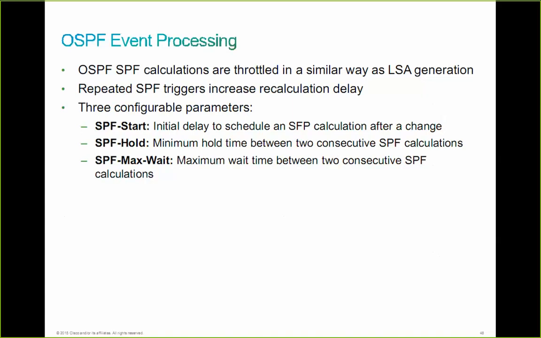All right? So if a router keeps receiving those updated LSAs, the delay that we can configure before we run the SPF algorithm probably needs to progressively grow or somehow dynamically change to reduce the negative impact of a flapping network or a flapping interface or whatever it might be that's constantly changing in the topology.